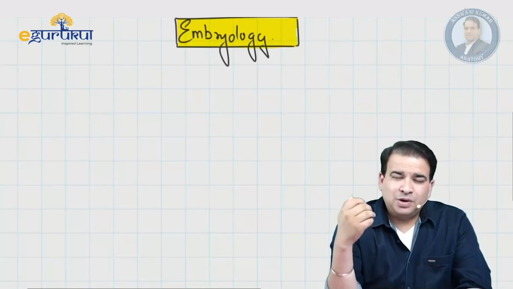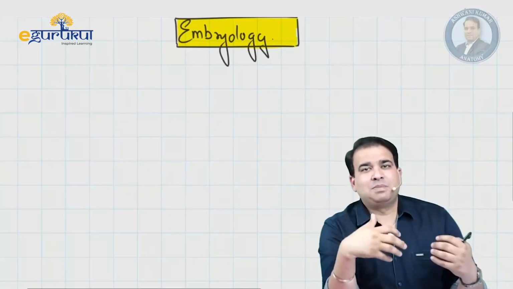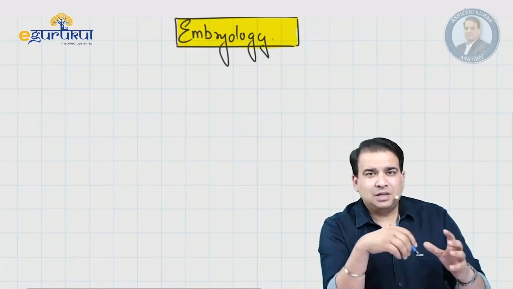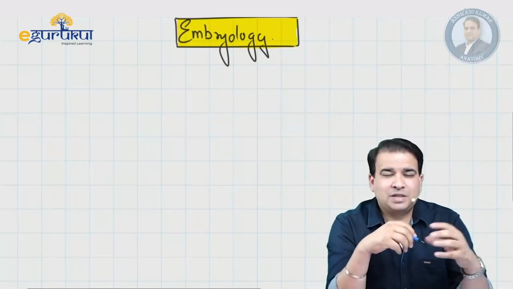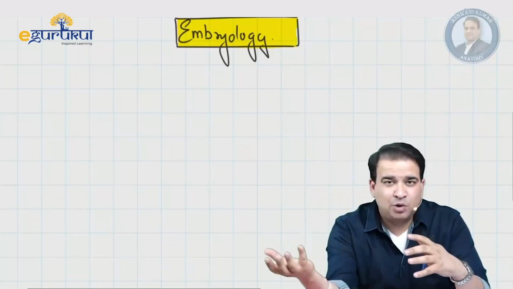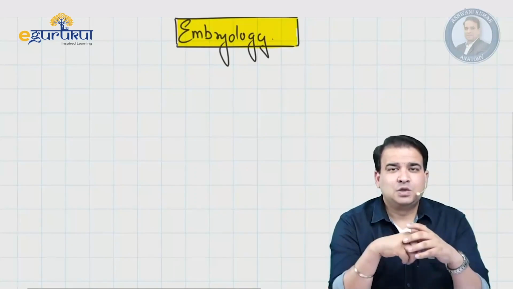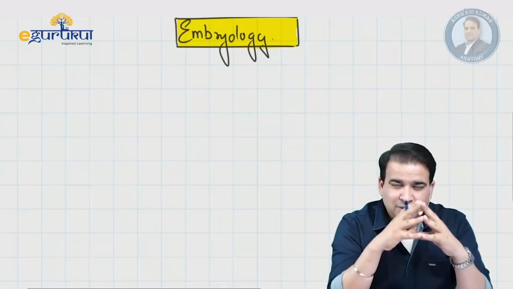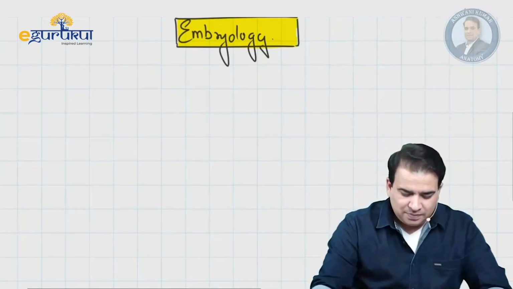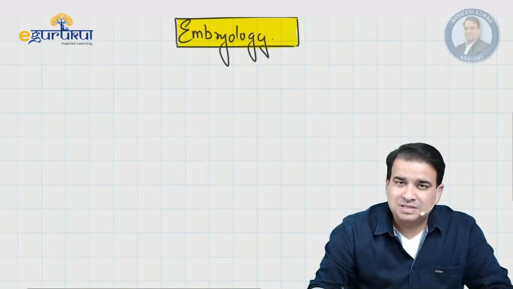Because the problem is, when we read systemic embryology, even if you read the cardiovascular system by yourself, those basic questions will still hound you: where the yolk sac is coming from, what is extraembryonic mesoderm, what is somatopleuric, what is splanchnopleuric, what is primitive streak. All these questions need to be answered, and that will be answered in the general embryo part. So let's have a detailed discussion in the general, and eventually we'll move on to the systemic as well.